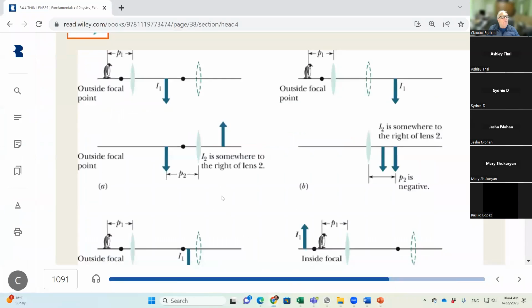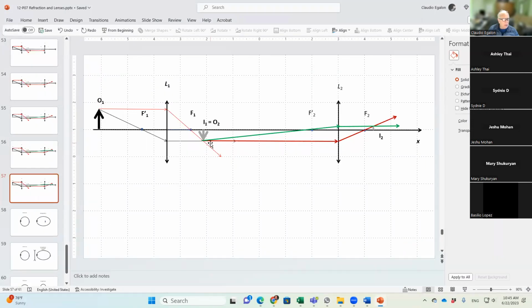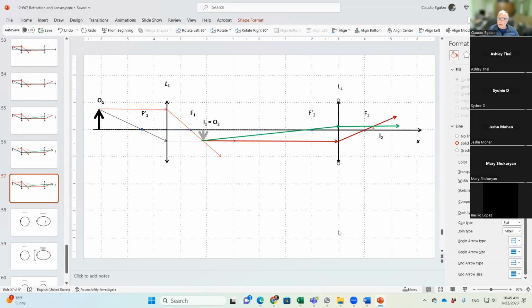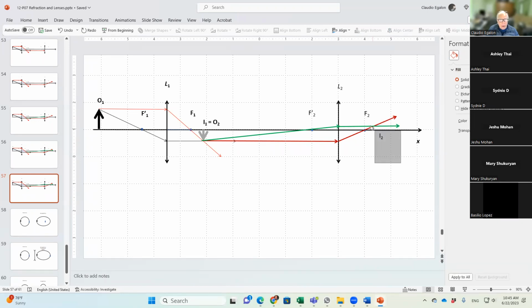There are other configurations, right, that you can use. The direction of the arrows I1 and I2 indicate how one will view the object. If this one here is the lens of the eye, the direction of I2 indicates what would be the direction of the object that you see, okay?